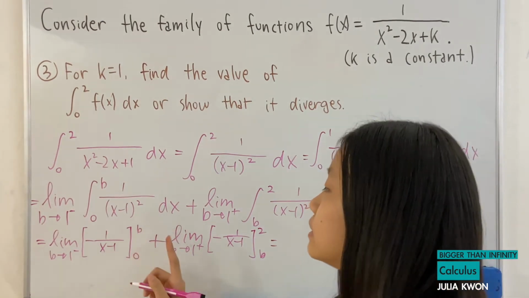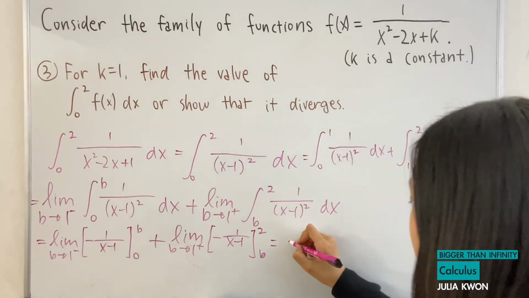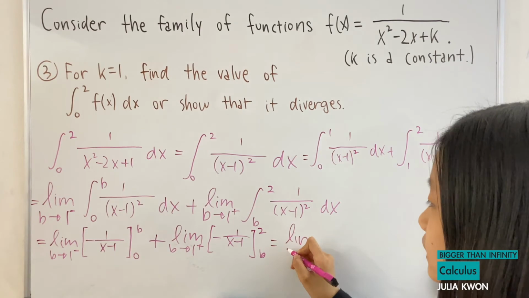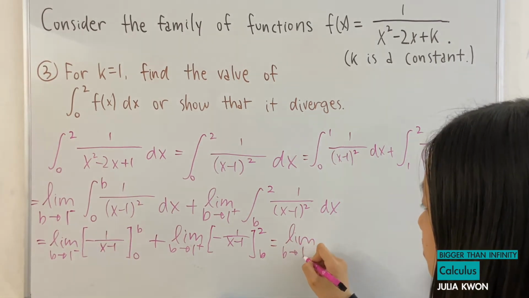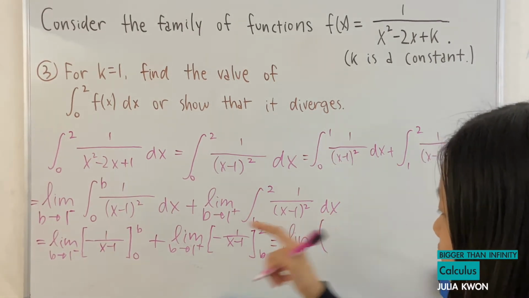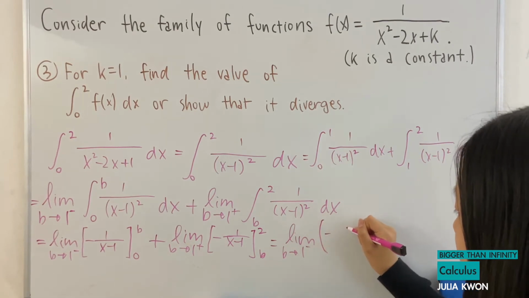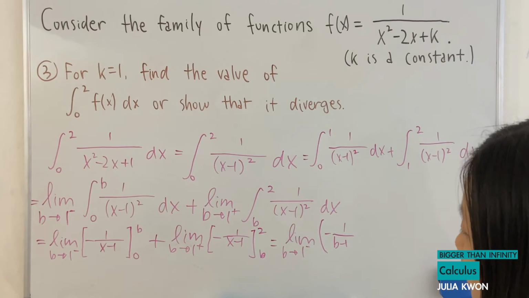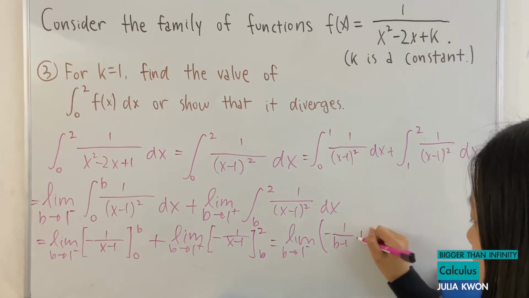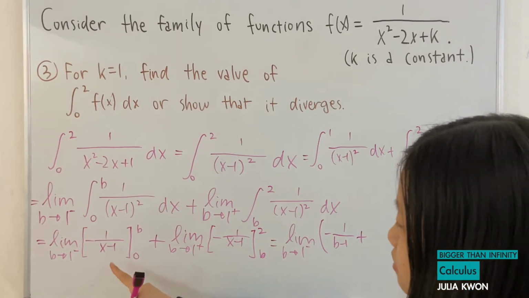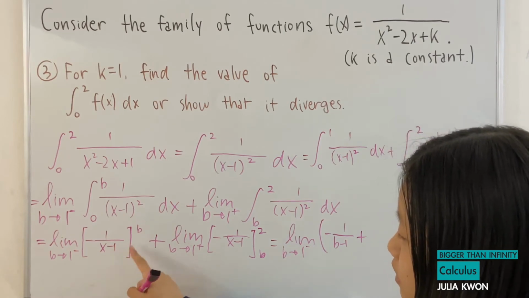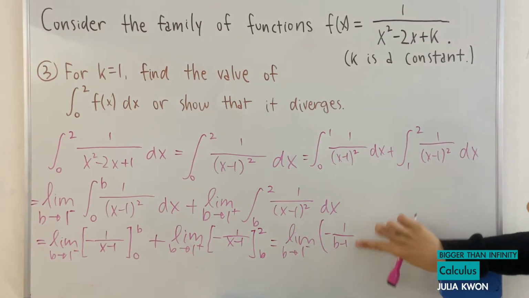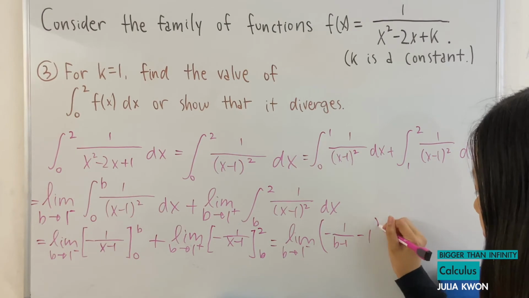We're going to keep the limit, of course. If we put in b, we just have negative 1 over b minus 1, and then minus, minus, so positive. If we put in 0, we have 1 over negative 1, so that's negative 1.